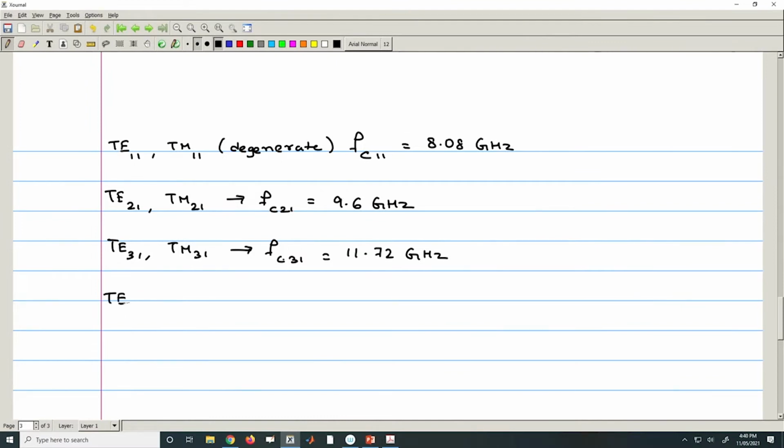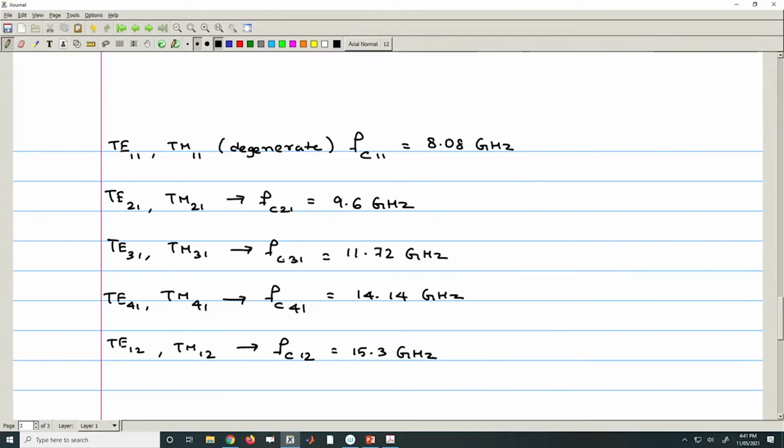For TE41, TM41 we will have FC41 as 14.14 gigahertz, and for TE12, TM12 we will have FC12 as 15.3 gigahertz. Okay.